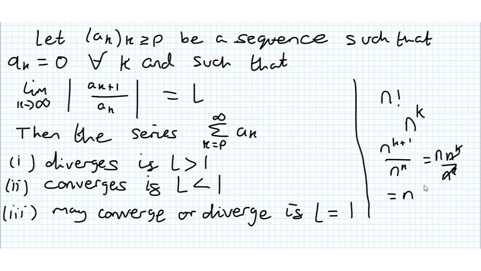Stuff like that, you get a lot of cancellation, so you can find these limits quite easily, and they often do turn out to be helpful in deciphering this. Note that n here wouldn't be a variable, for a specific example we might have something like 5 to the k.